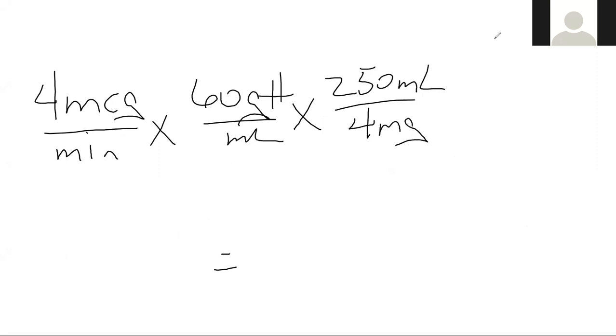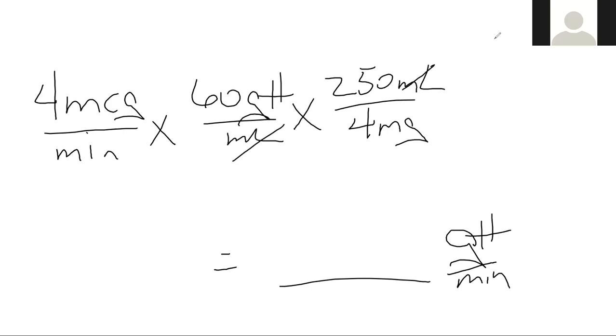And we've got to determine how many drops per minute. Okay, so milliliters gone, top and bottom. We've got that microgram milligram issue, so we're going to mark out our milligrams. We're going to change this to 4,000 micrograms. Now we can mark out our micrograms top and bottom. We've got drops over minutes on the left side of the equation, drops over minutes on the right side of the equation. Let's do some math.